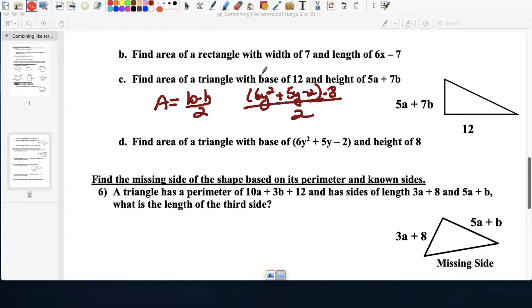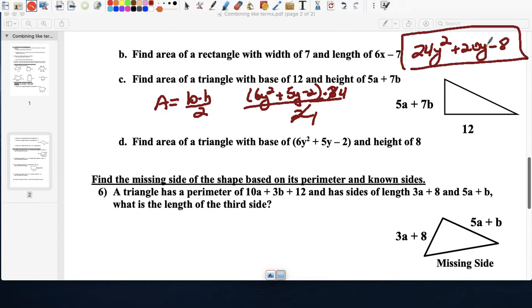Just like the previous problem, I simplify the 8 and the 2: 2 divided by 2 is 1, 8 divided by 2 is 4. So all I have to do is the distributive property with the 4 and every term inside the parentheses. 4 times 6 is 24y squared. 4 times 5 is plus 20y. And lastly, 4 times negative 2 gives me negative 8.